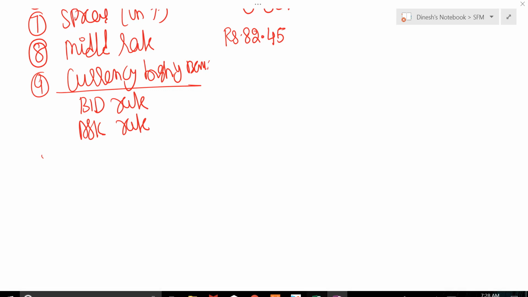In case of bid, the bank is going to buy GBP. In case of ask, the bank is going to sell GBP, which means they are going to buy INR.